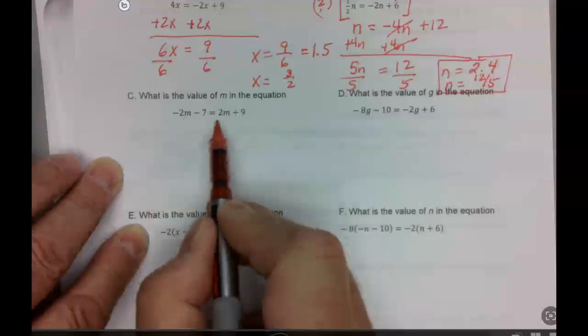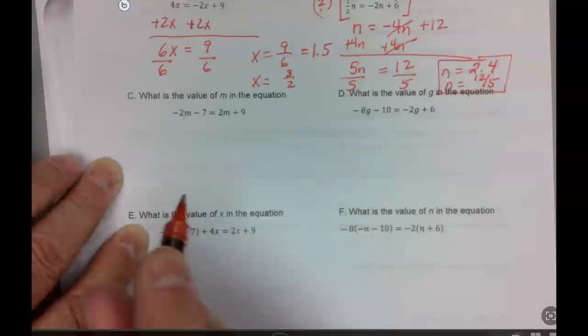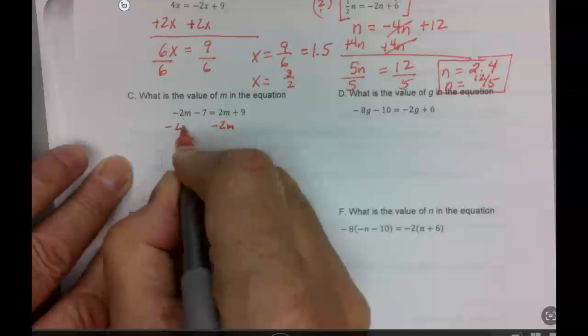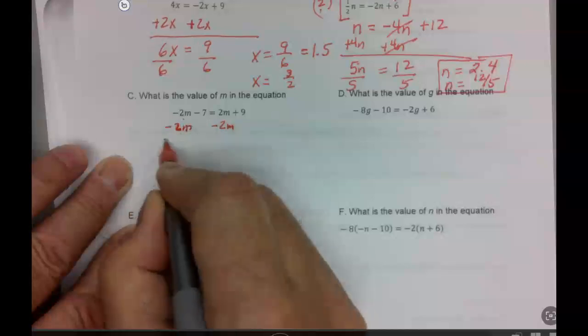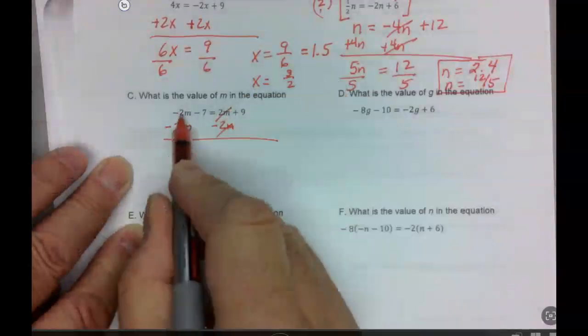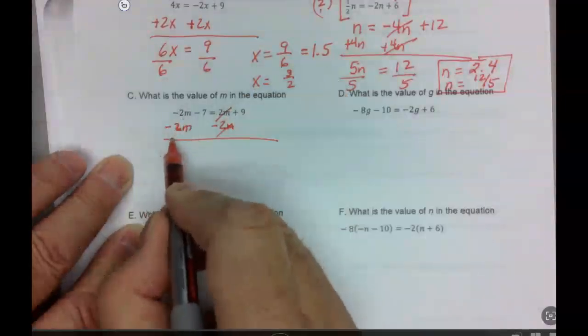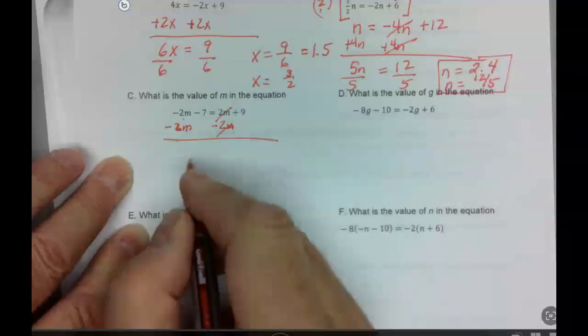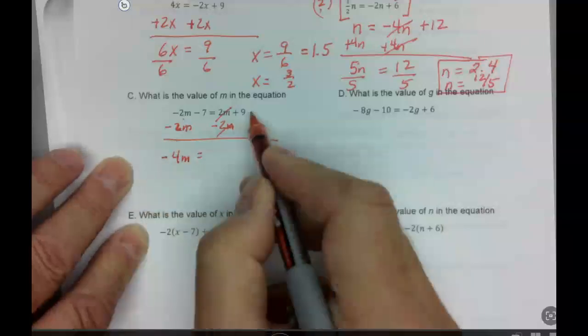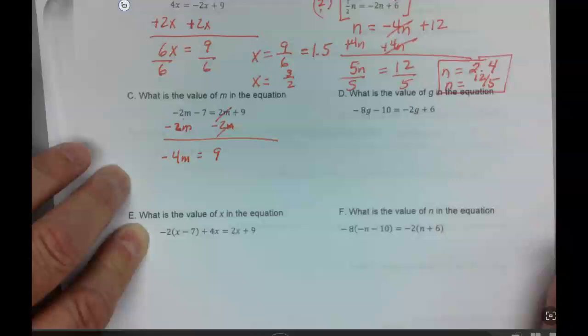Okay, so how am I going to get this 2m over there? Minus 2m. Okay? Cancel. Cancel. What's negative 2m minus 2m give me, Simon? Negative 4. Negative 4 what? M. And then we have 9, correct?